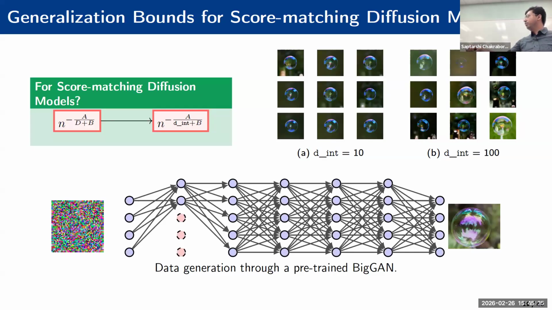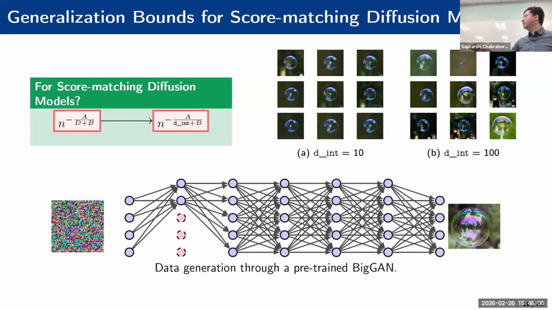We have a pre-trained BigGAN model, and we sever some of the initial connections in the first layer. For d equals 10, we keep 10 connections, for d equals 100, we keep 100 connections, and we generate two data sets. The way I think about it is that d equals 10 has a lot less detail compared to d equals 100, even though their extrinsic dimensions are exactly the same.